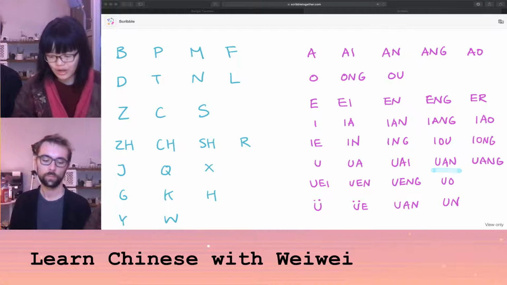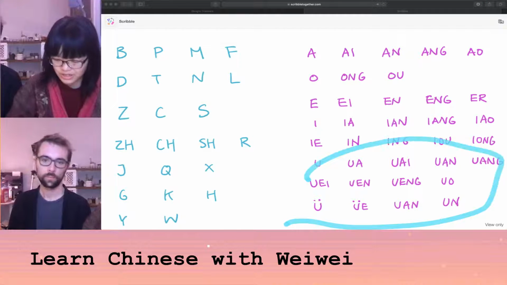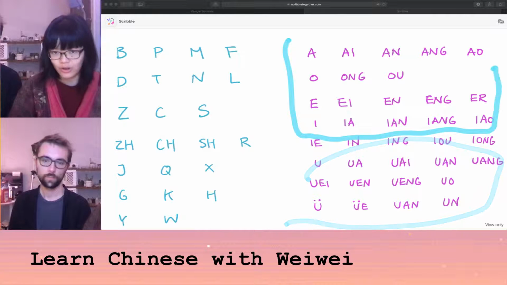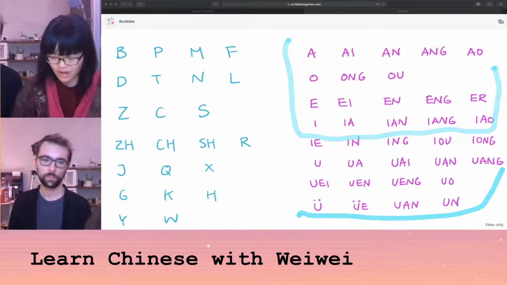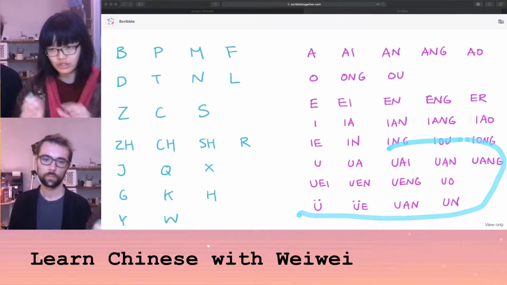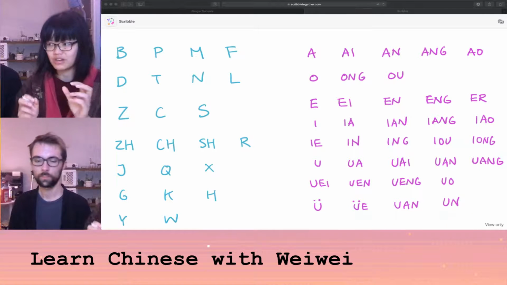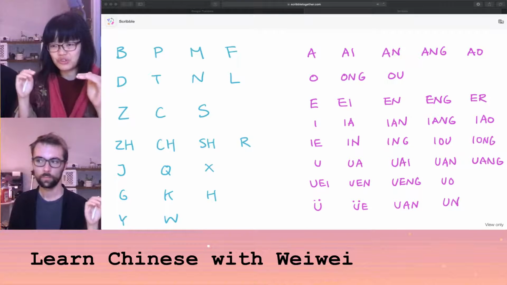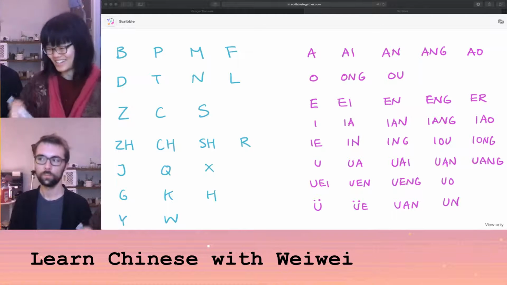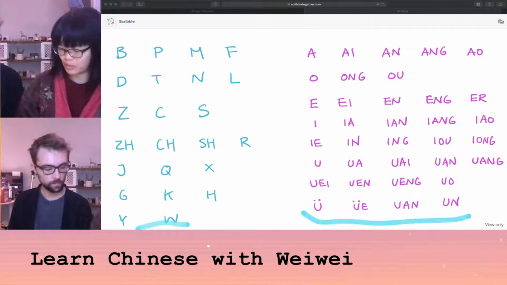They're actually just combinations of these ones over here. So if any of them become confusing, just try to break them up into two parts, figure out how to pronounce them separately, and then try to smoothen it, combining the ones on the left and the ones on the right.